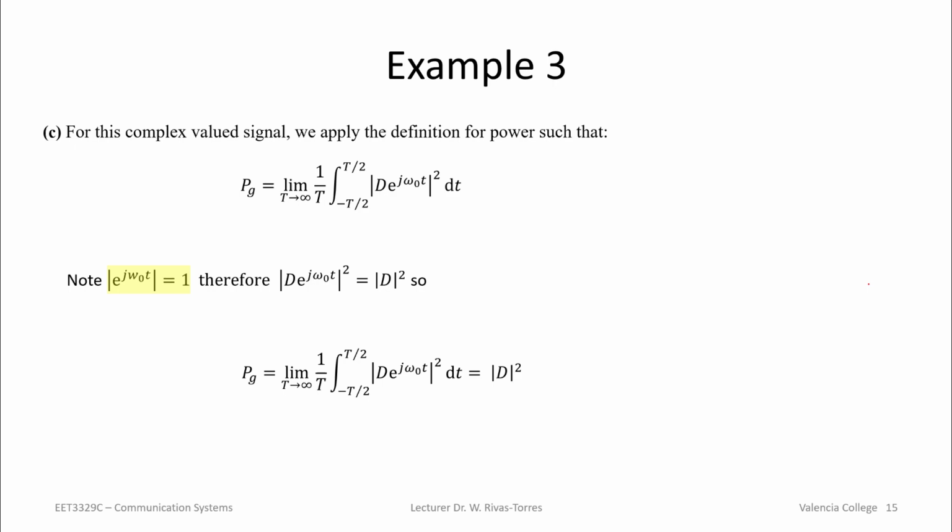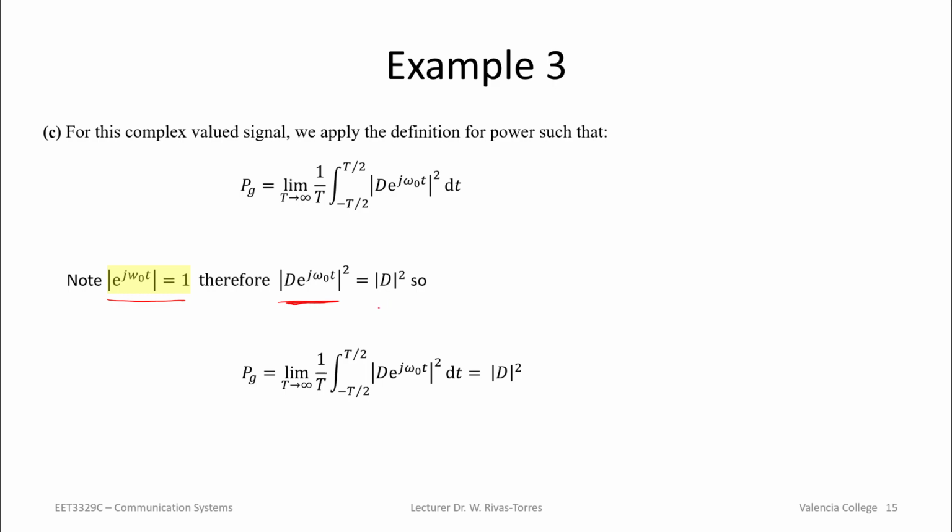Now for the exponential, again, if you run down through the integral and do the limit, you have to note that the magnitude of e to the j omega 0 t equals 1. Therefore, this value, when I square it, still equals 1.